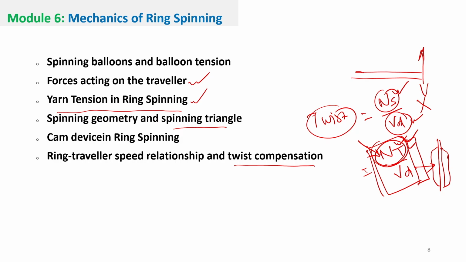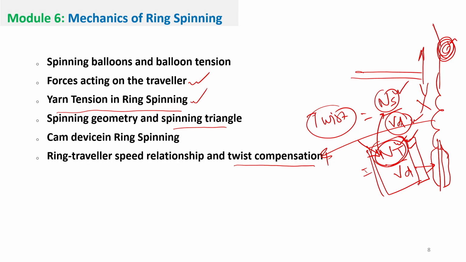It always varies, but during unwinding from the bobbin, the twist gets compensated, and after compensation the remaining twist after unwinding into the package like cone or cheese, larger package, becomes Ns by Vd.